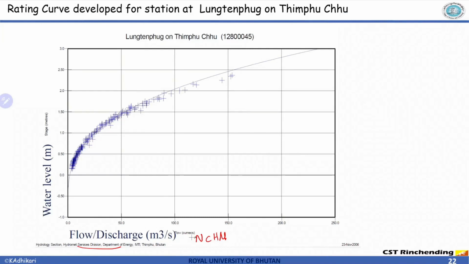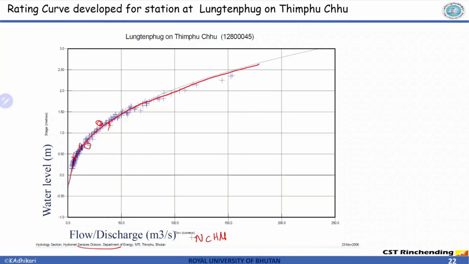As you can see, most of the values are following the line, but some values are less, some values are more, right? This is because, as I said, there is a slight shift of controls. So the controls are changing over time, and because of this, there are some changes. But we have to fit the best fit line, and that is what we call the rating curve.